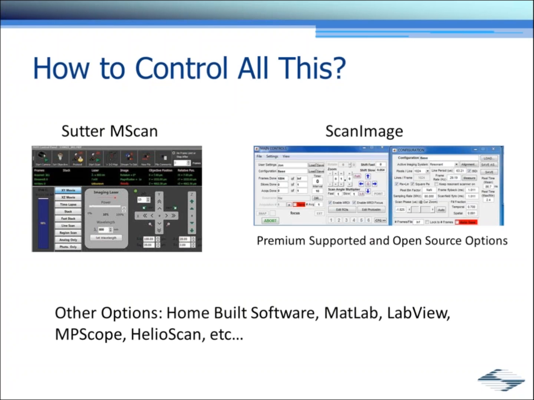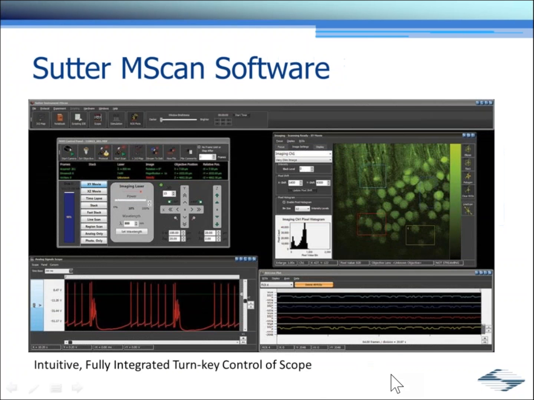For example, people have built their own custom software utilizing MATLAB or LabVIEW. There's also a few packages out there called MPscope, Helioscan, and I think there's a couple of others that I may be less familiar with. But as I mentioned, the two primary software packages are Sutter MScan and ScanImage. So I'd like to tell you just a little bit more about those.